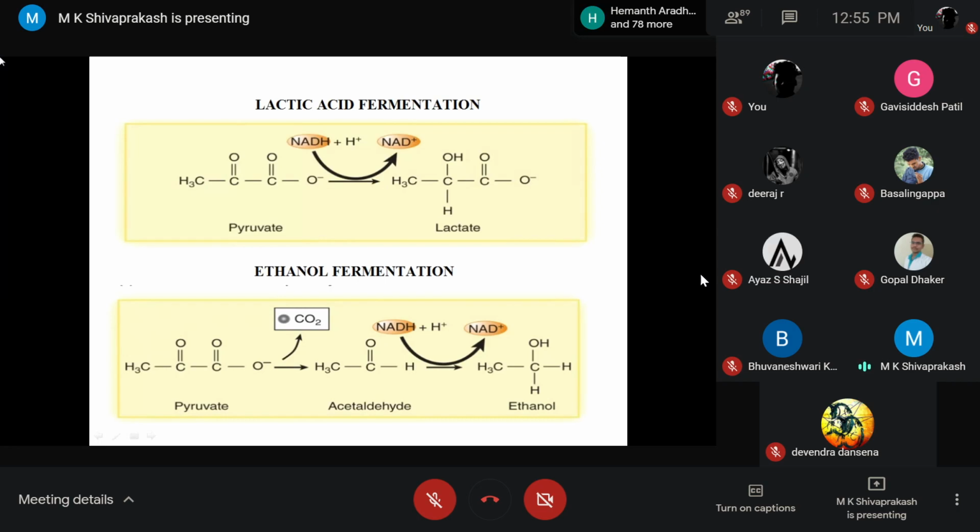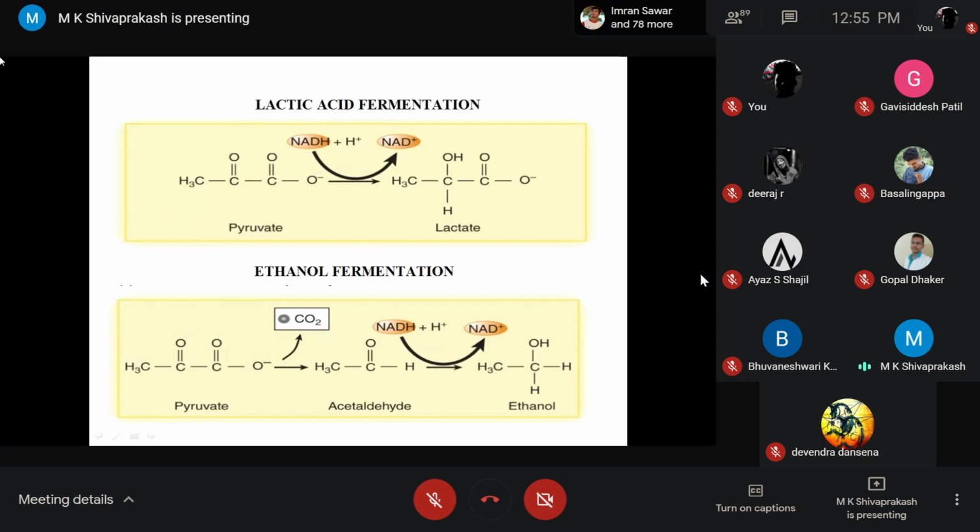This is very important. Lactate or lactic acid is one classic example.